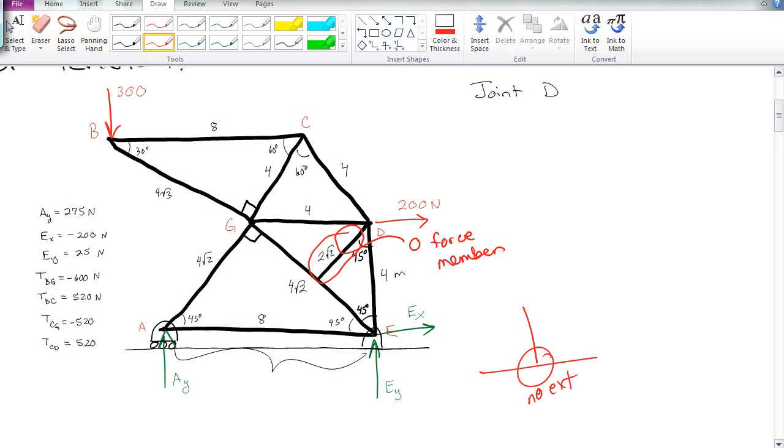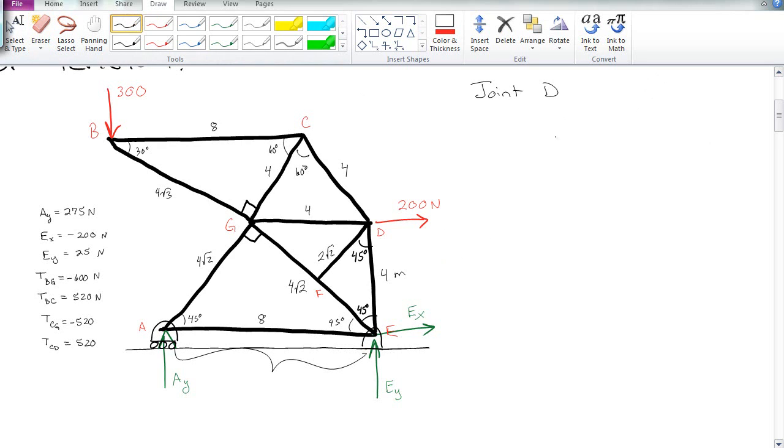So the member that's interrupting the straight line has to be a zero force member. And the nice news about that is that it allows us to make a much more simplified free body diagram for joint D.